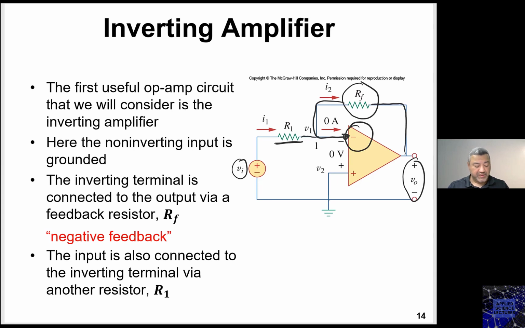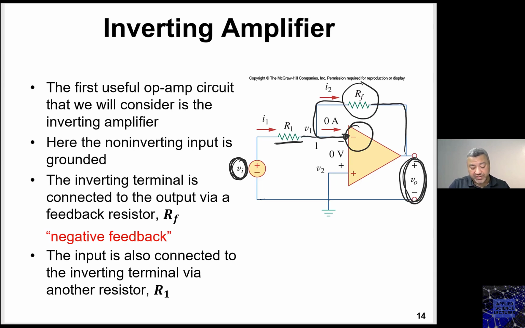Now, let's apply the two rules that we talked about in order to calculate the relationship between the input and the output. So my circuit here, this is the signal that I am applying right at the input. And this is the signal that I am getting right at the output.